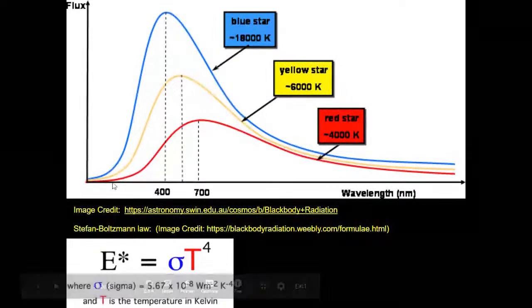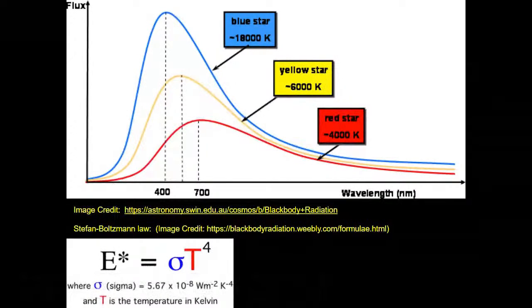And the Stefan-Boltzmann constant, as you all know, is about 5.67 into 10 to the power minus 8 watts per meter square per fourth power of Kelvin. Okay. So, by measuring the continuum spectrum of a star, we can estimate the surface temperature.